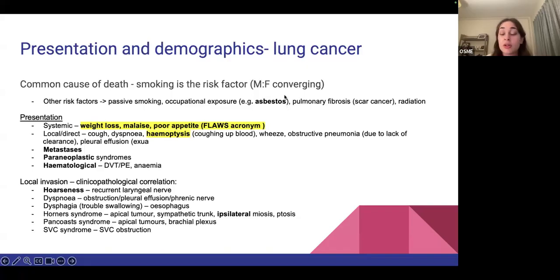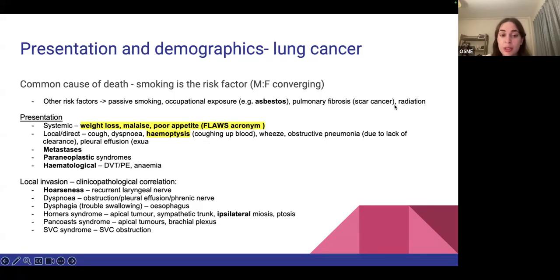If they mention in the question stem that the patient is a 60-year-old retired construction worker, start thinking maybe there's some sort of asbestos related things going on. They might have mesothelioma, things like pulmonary fibrosis, so there might be a scar cancer, and radiation exposure.